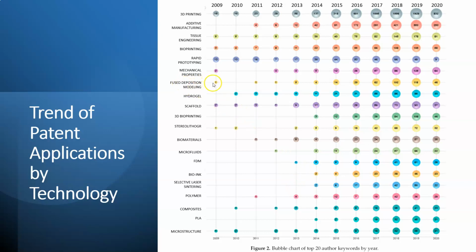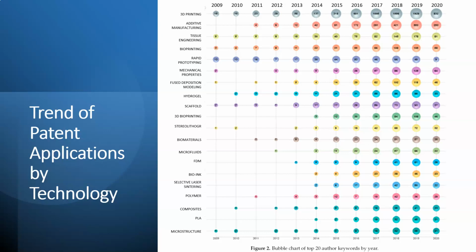Now, fused deposition modeling, 2009, there was one patent. And you might be wondering, well, wait a second. Fused deposition modeling was invented by Scott and Lisa Crump with the Stratasys machines in the late 1990s. So why do we just have a patent right there for the first time? Well, we'll talk about that.